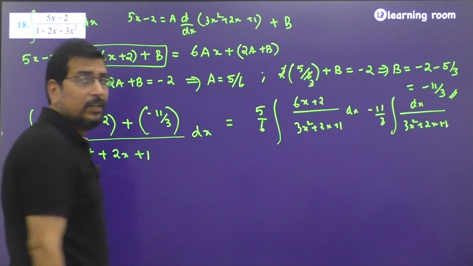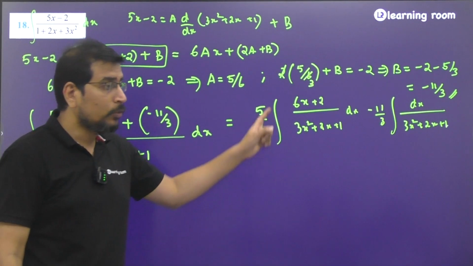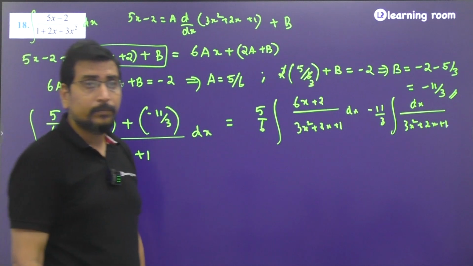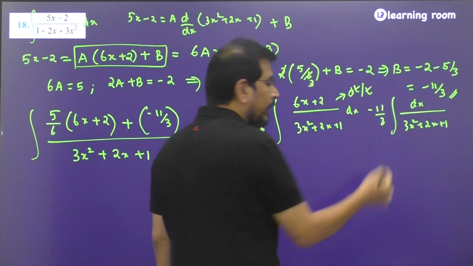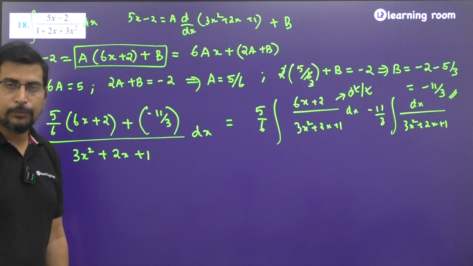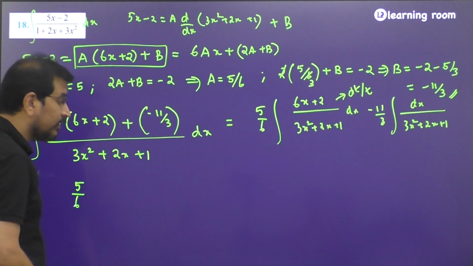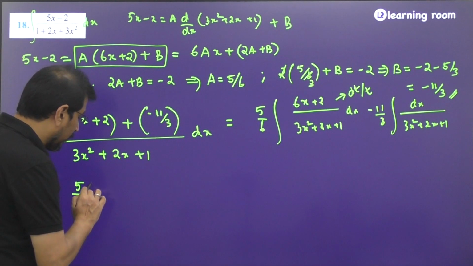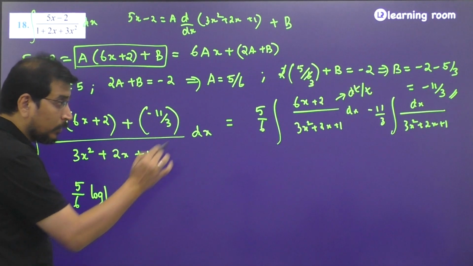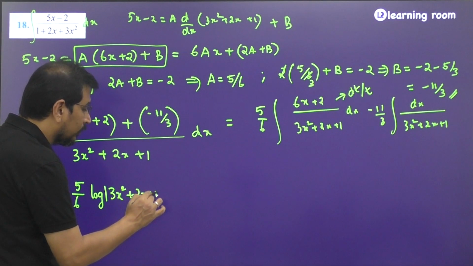Here, if you observe, it is very clear. If I put the denominator as t, the numerator is going to be dt. So this is of the form dt divided by t. So it will be 5 by 6 into, what is the integral of dt by t? It is going to be log t. But what is t? It is 3x square plus 2x plus 1.